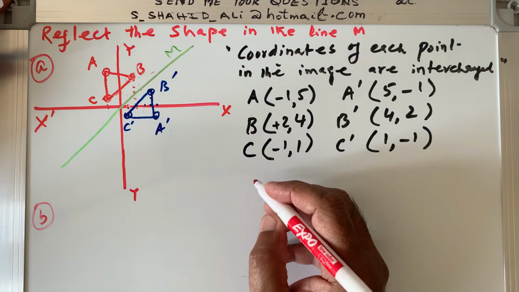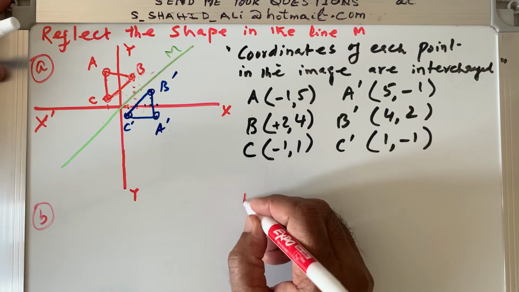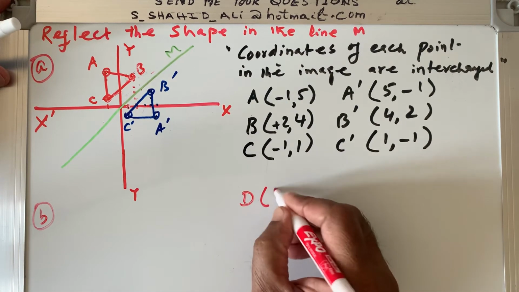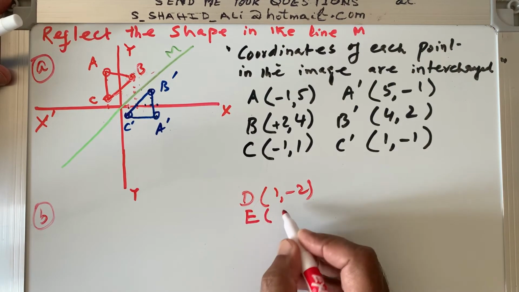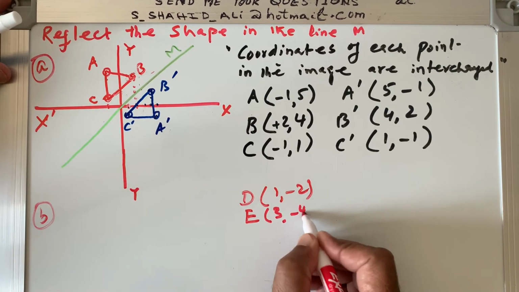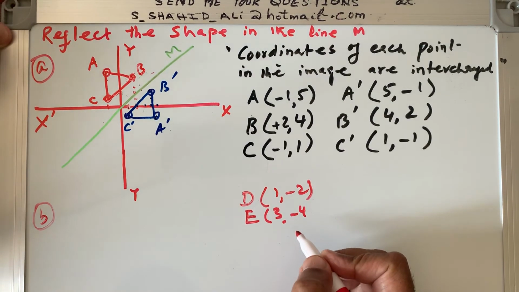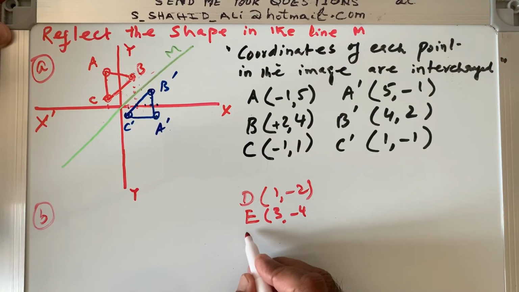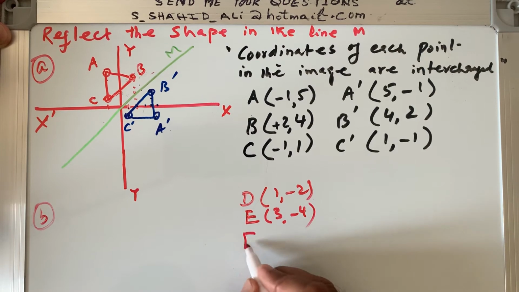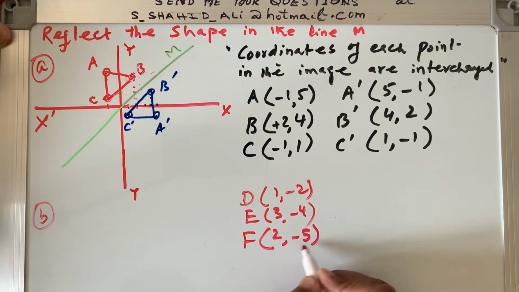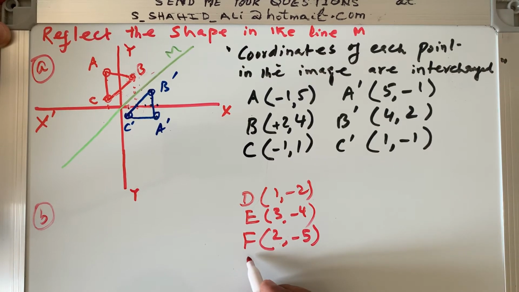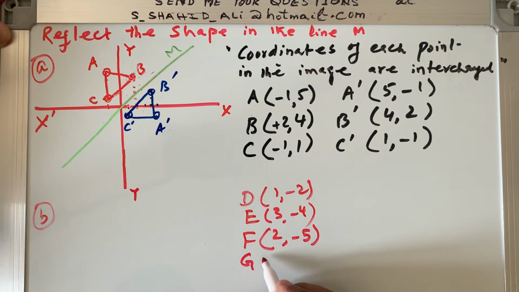So if D is given as 1, -2, E is given as 3, -4, and then F and so on, certain coordinates are given. You have to draw them to get the figure, to get the shape.